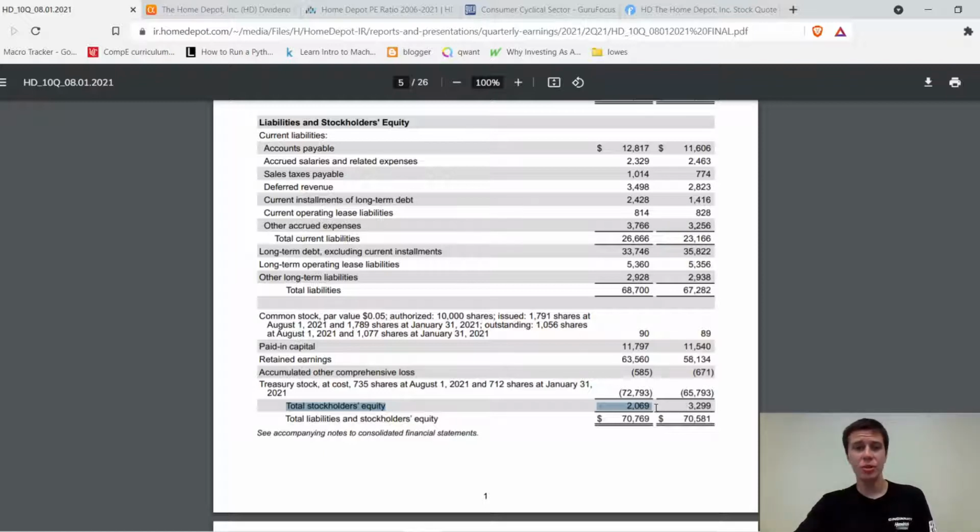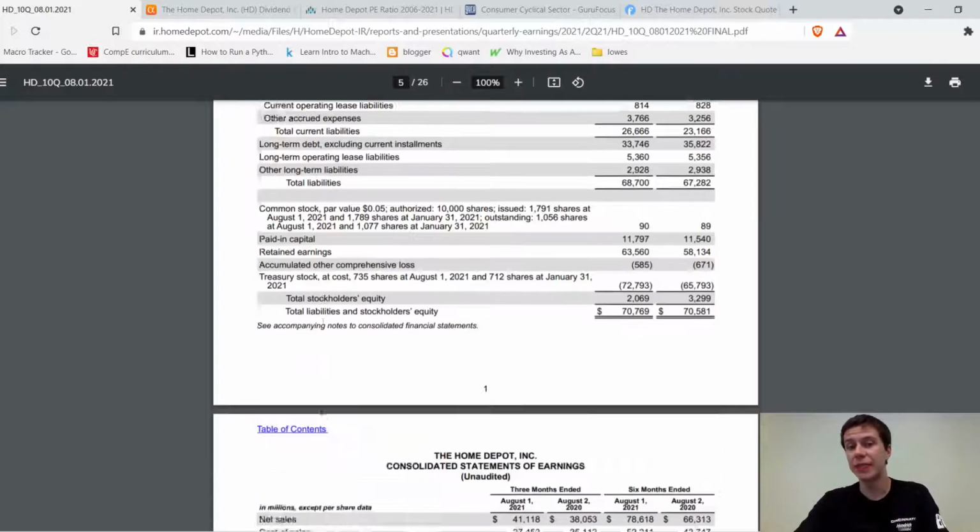So that was sort of interesting to me. And in this case with Home Depot, their equity is positive at around $2 billion, which seems a little bit low ratio wise to the amount of total assets. But I definitely want to look more into what exactly that means about the company. I think I could say it's good that it's positive in the case of Home Depot.